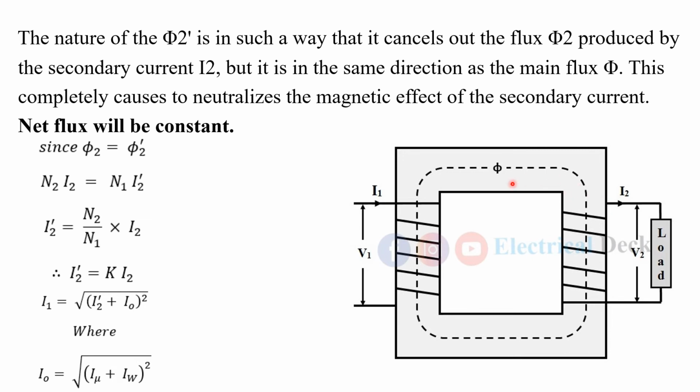So phi 2 and phi 2 dash will be opposite to each other. Thereby we can say the net flux phi will exist in the core, and the flux will always be constant in a transformer. And when we connect any load to the secondary side, the core loss or iron loss will always be constant, as that depends on this flux.